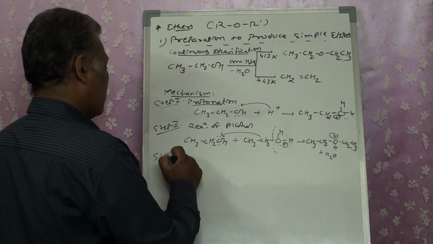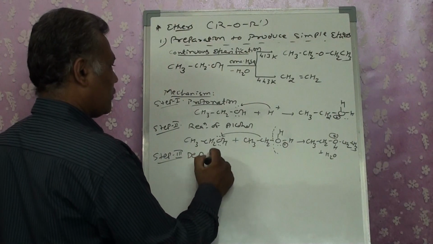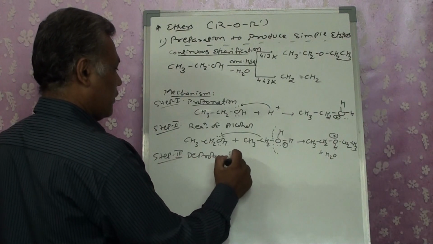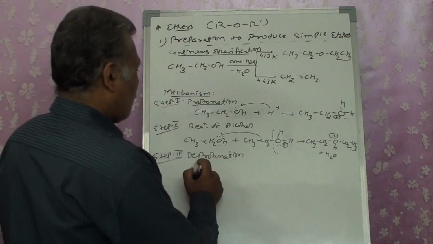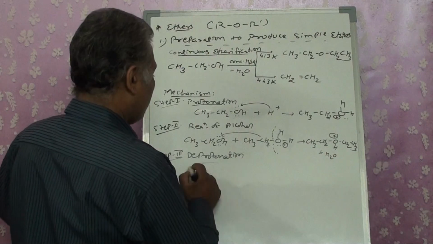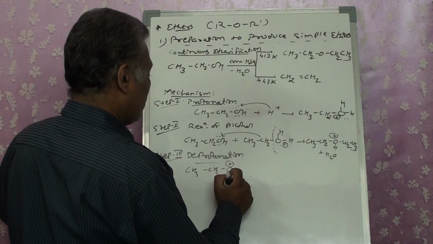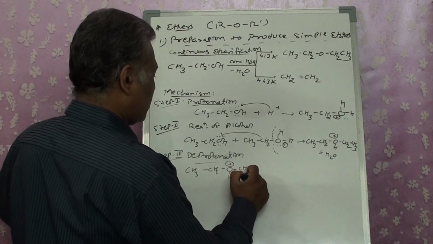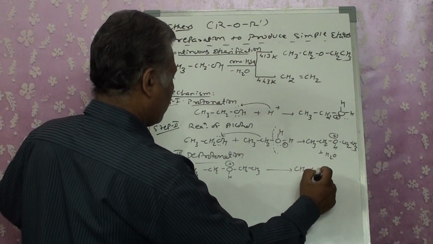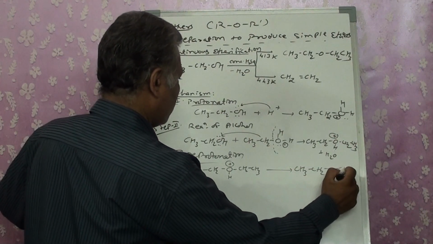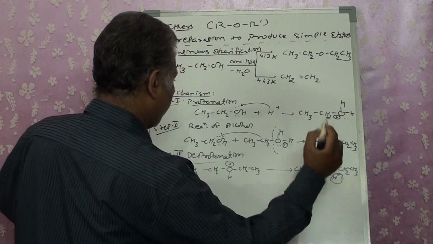Now step 3, which is fixed for all the mechanisms, is deprotonation. That means this time I am going to remove H+. So how are we going to get it? This component CH3CH2OHCH2CH3 will decompose itself and get converted into CH3CH2OCH2CH3, and H+ is given out.